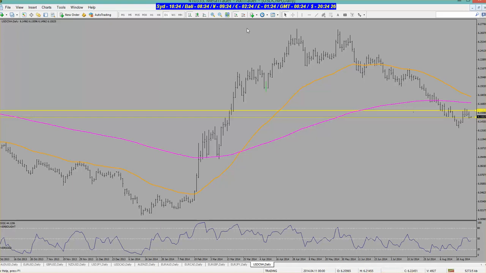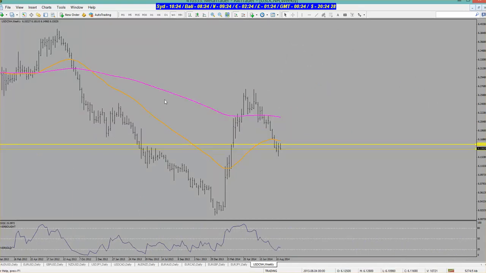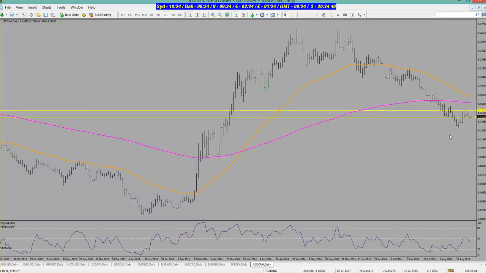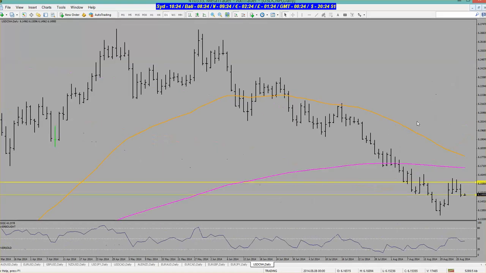Well, you could say there's a zone in there. It's a 100 pip zone, and the market's reacting to that. So there's certainly arguments for taking that short. You've got a horizontal support resistance zone that it's reacting to, and that's the strongest thing.